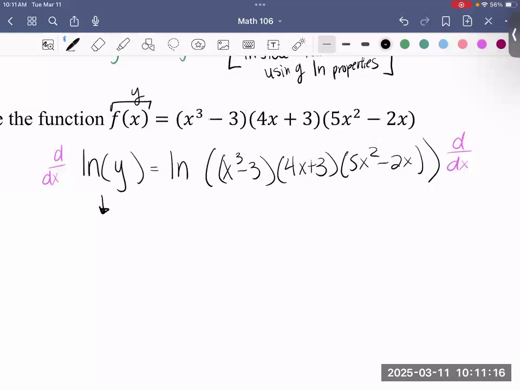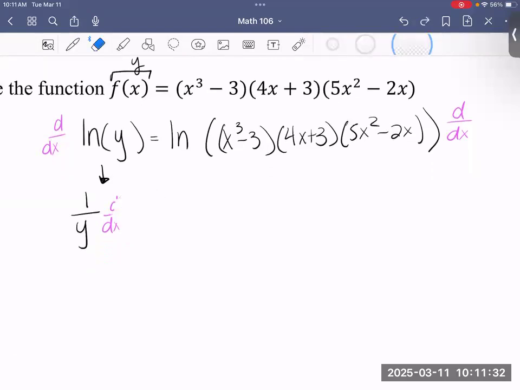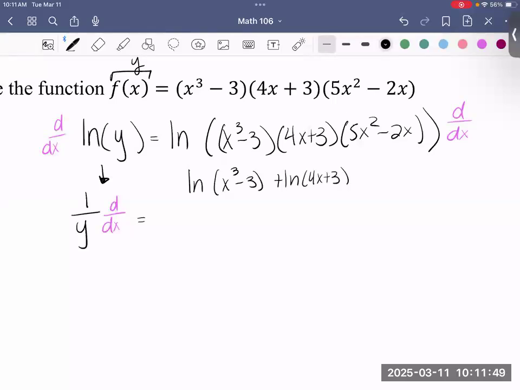This one becomes 1 over y. This one we can break up into its properties. So if I'm doing it really quickly, well, actually, if I were to do it slowly. Right, there we go.